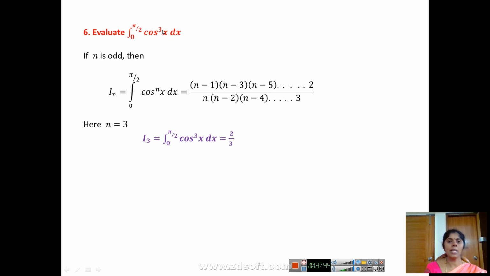Here n is an odd number, so at the end we multiply by 1, and we have the reduction formula here: In equals the integral from 0 to pi by 2 of cos to the power n of x dx, which is equal to n minus 1 into n minus 3 into n minus 4, etc., whole divided by n into n minus 2 into n minus 4, etc. Here n is equal to 3, so we can write I3 equals the integral from 0 to pi by 2 of cos to the power 3 of x dx equals n minus 1, which is 2, divided by n, which is 3. The result is 2 by 3.